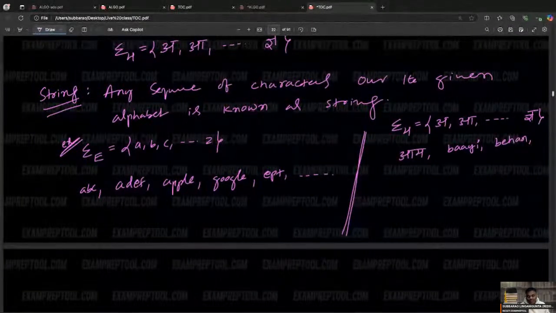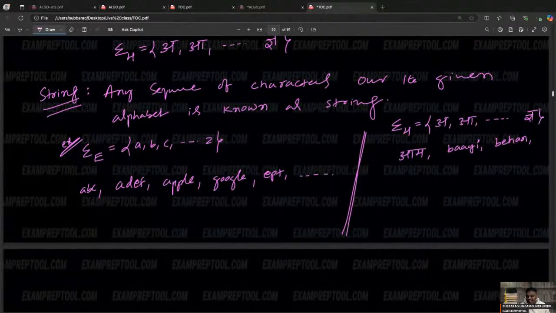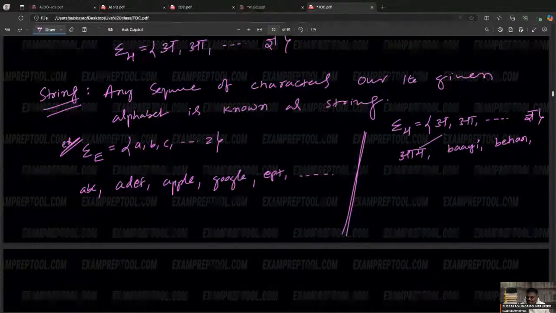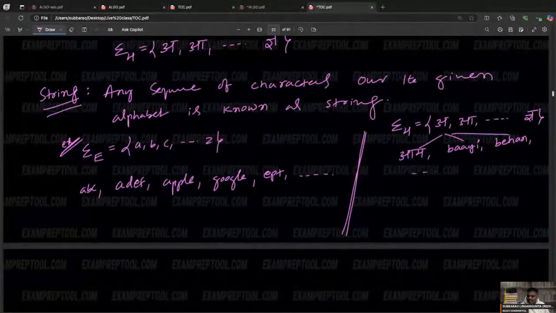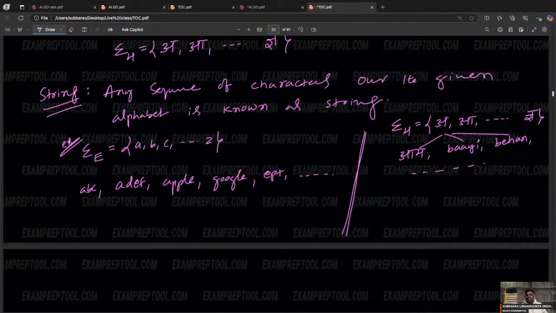You have to write in terms of Hindi only, because if I write, there may be some problems. So I escaped somehow like this. Every language has some strings. If I try, I may get it, but I don't want to waste your time. So over the Hindi language, these are the strings.